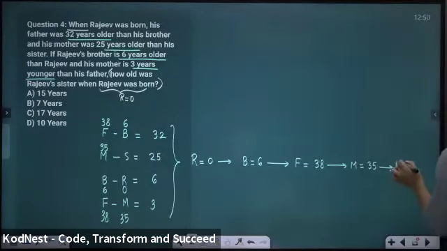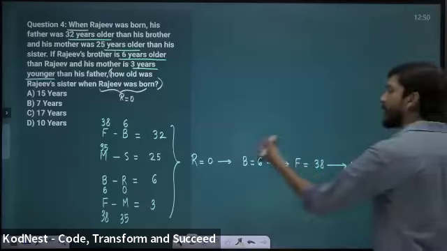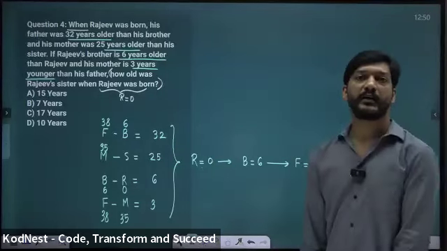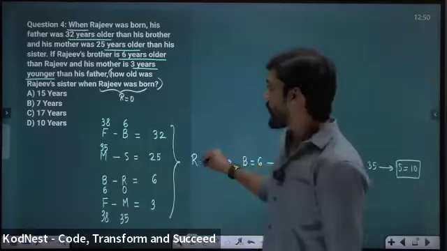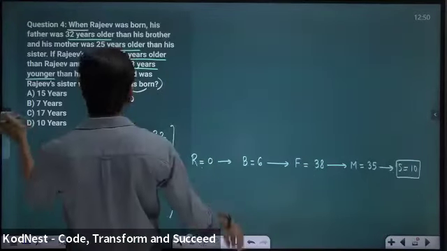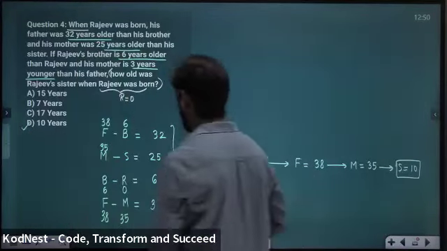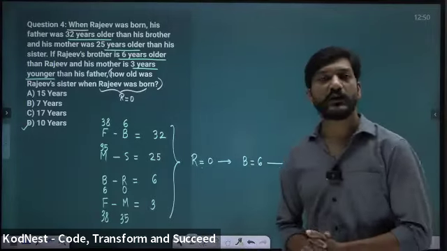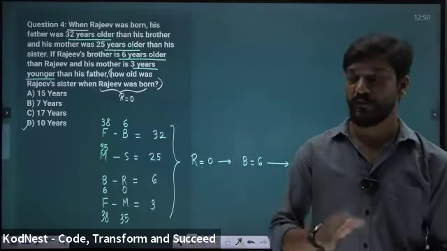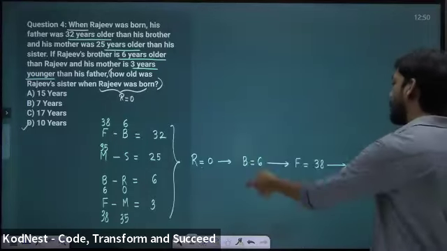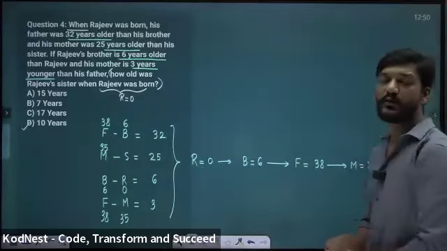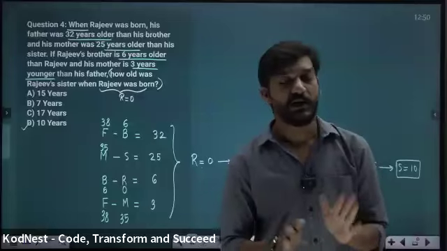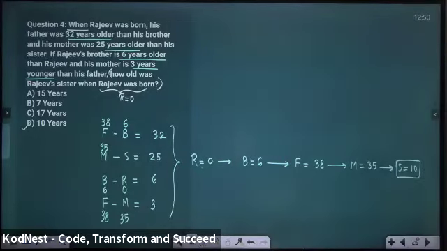All right, so sister's age is 10 when Rajiv was 0. So that means 10 years is the answer. This way we have to solve it one by one. Directly you cannot get it. One by one you will get. So understood this, please carefully see once. When Rajiv was born, Rajiv must be put as 0 in the equations.